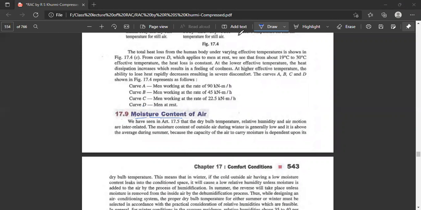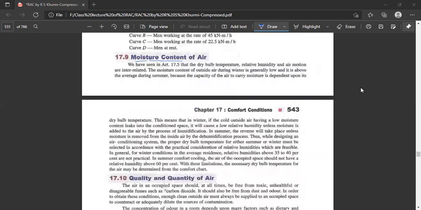Now, we have seen in our earlier discussion that the dry bulb temperature, relative humidity, and air motion are interrelated. We know what dry bulb temperature is: the temperature of dry air which contains a negligible amount of moisture.